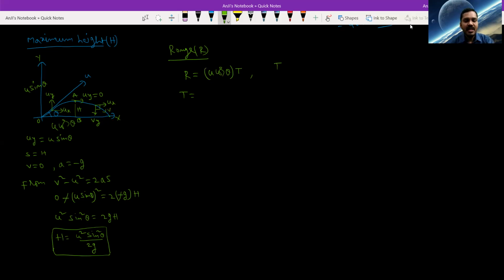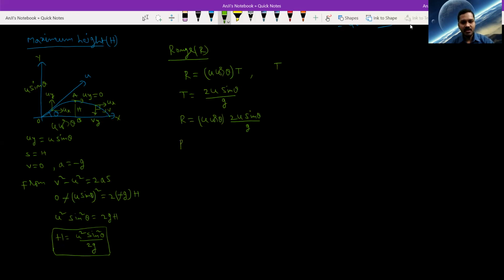So in place of T I am taking 2u sin theta divided by g. Substituting this time of flight in the above equation, the range of projectile r is equal to u cos theta into 2u sin theta by g.